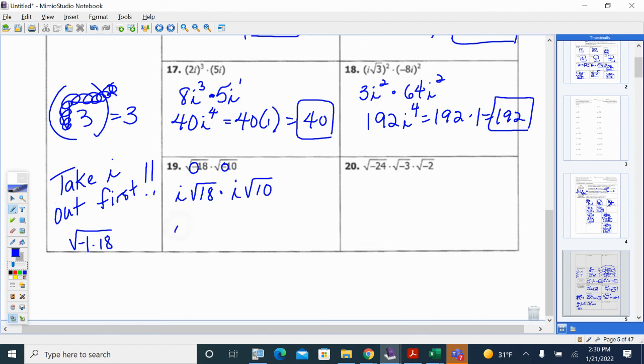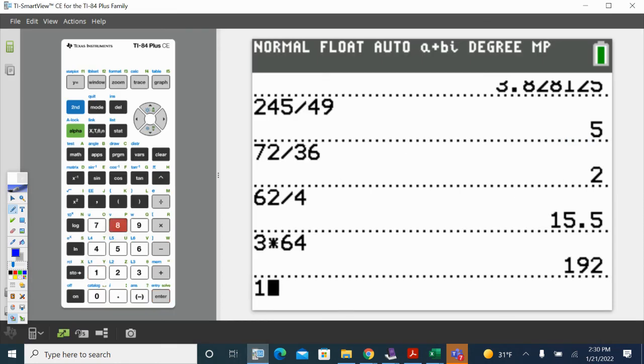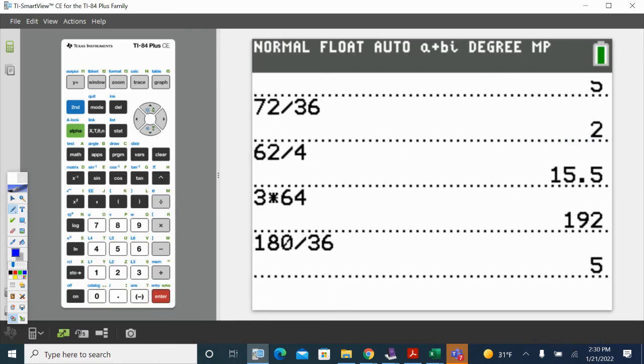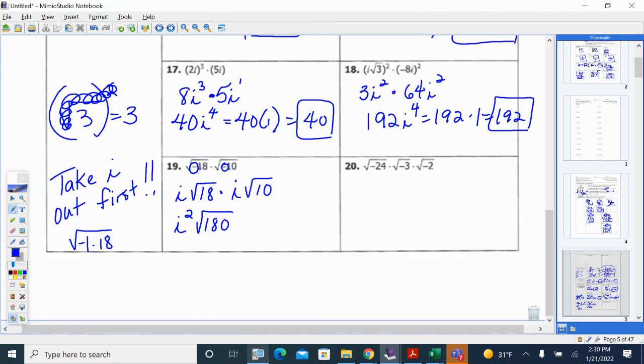i times i is i squared times the square root of 180. 18 times 10 is 180. That's going to be, I think it's 36 and 5. Let's double check. 180 divided by 36. Yes, 36 and 5.